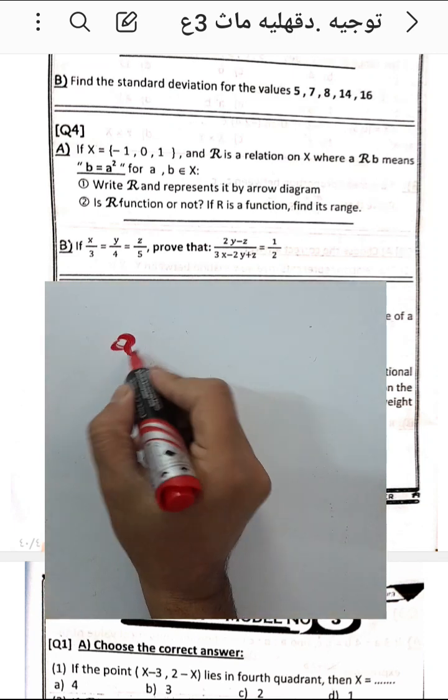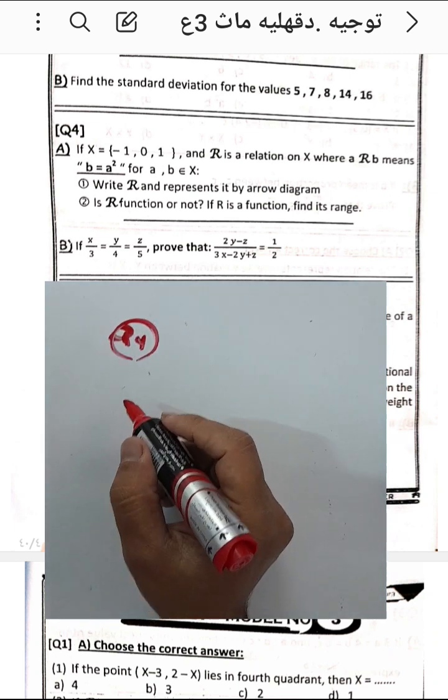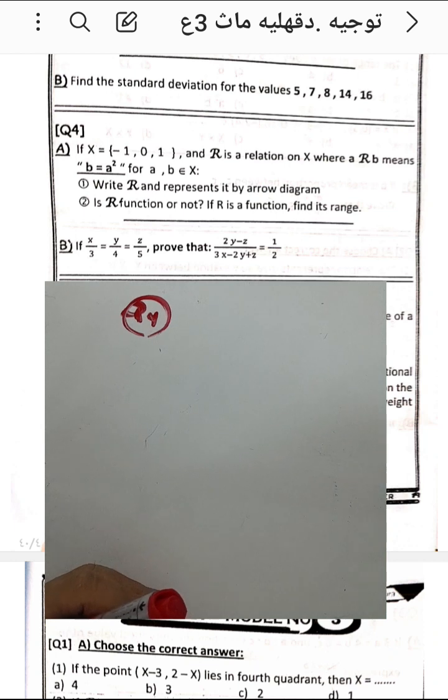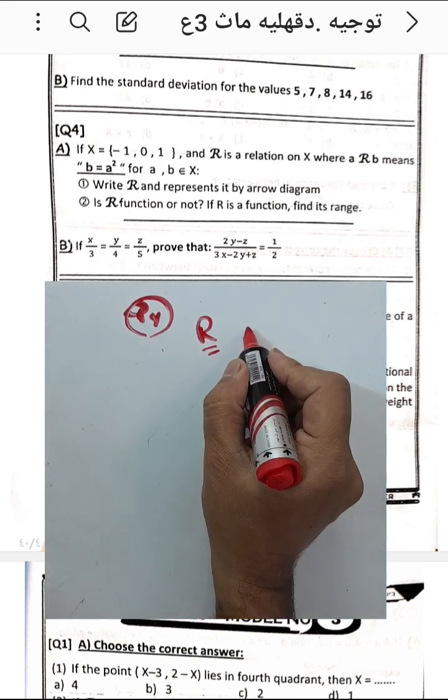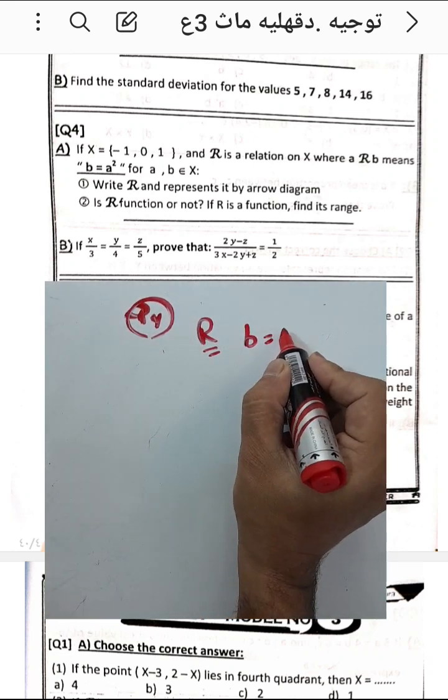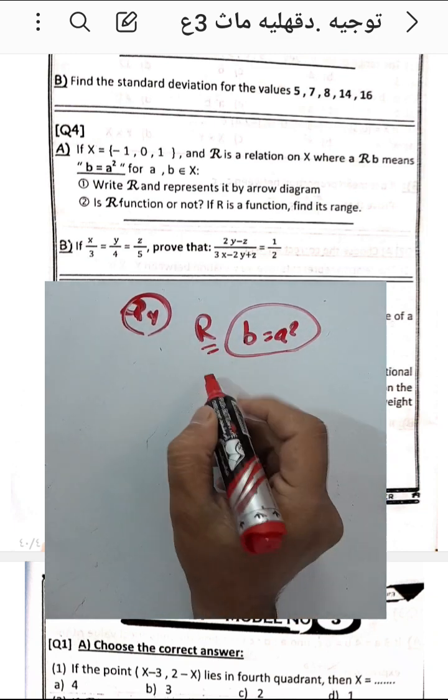Next, question number 4. If x equals the set of negative 1, 0, 1 and r is a relation on x where a r b means b equals a power 2 for a and b belonging to x. Okay, we have here this relation: b equals a power 2. It's a relation between x and itself.